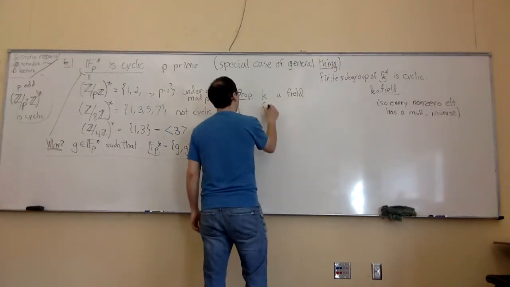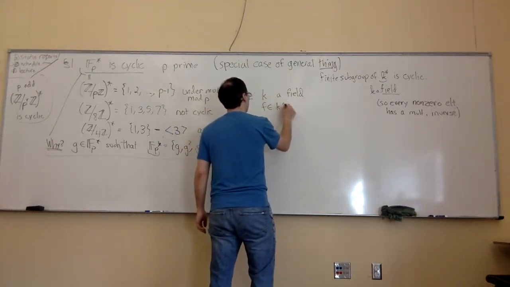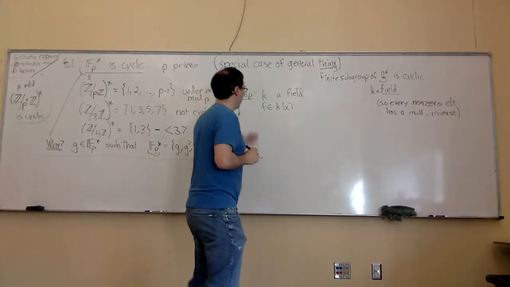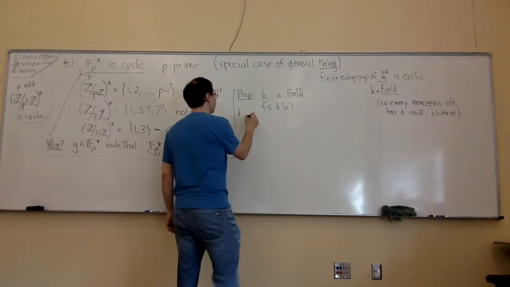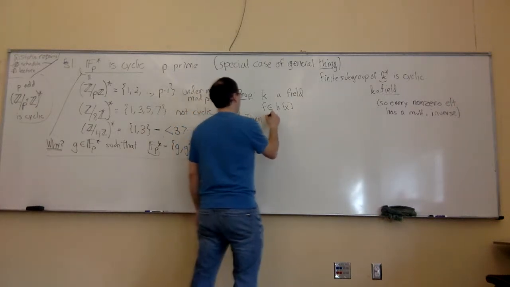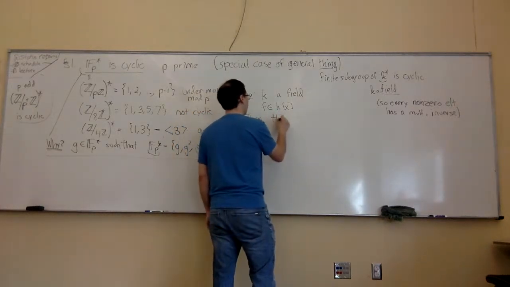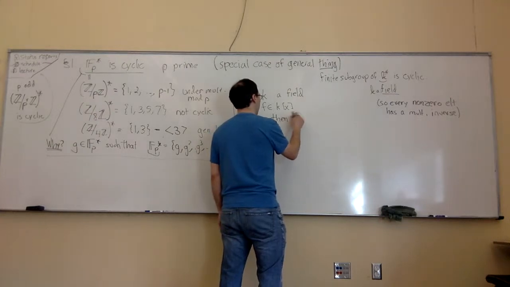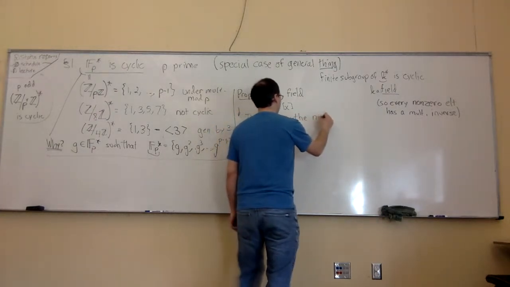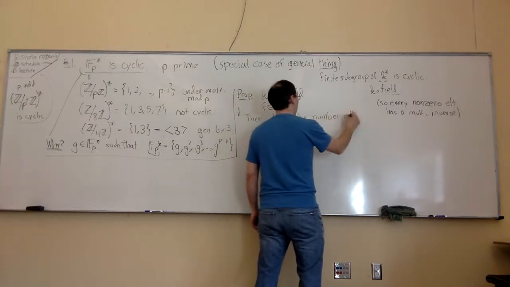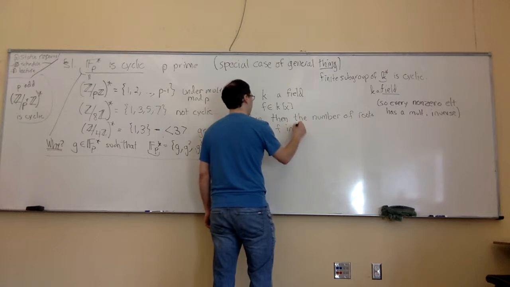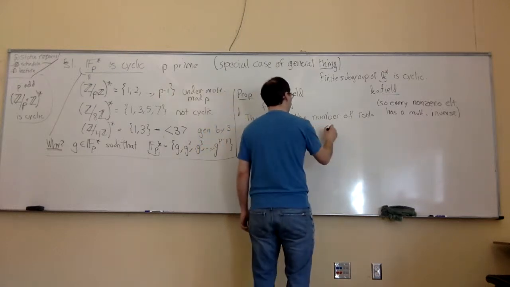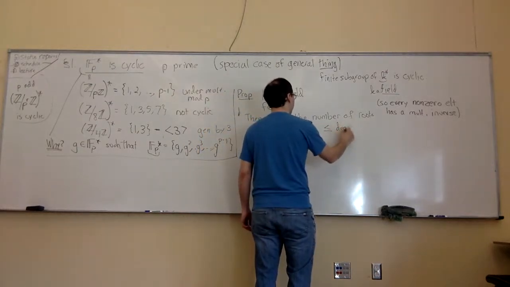And let F be a polynomial over K, so a polynomial in one variable with coefficients in K. Then the number of roots of F in K is less than or equal to the degree of F.